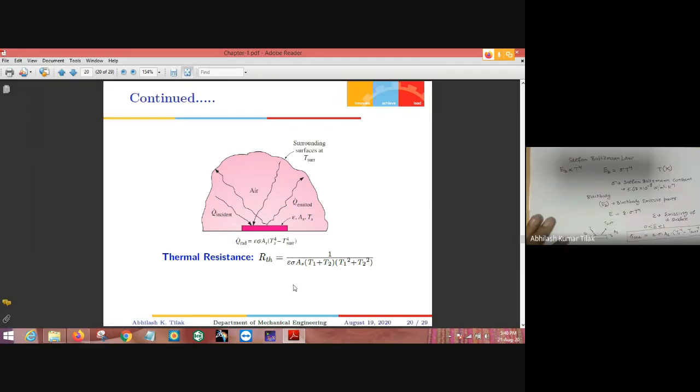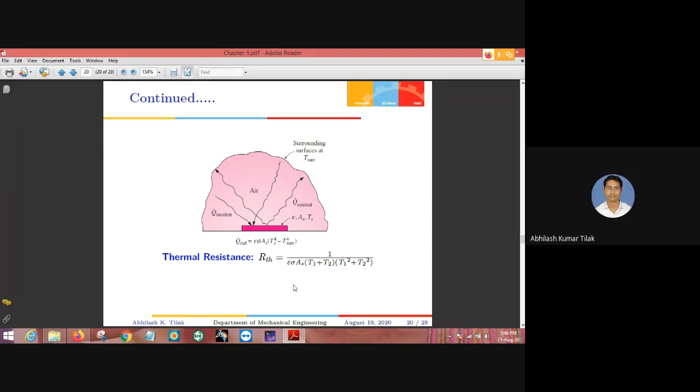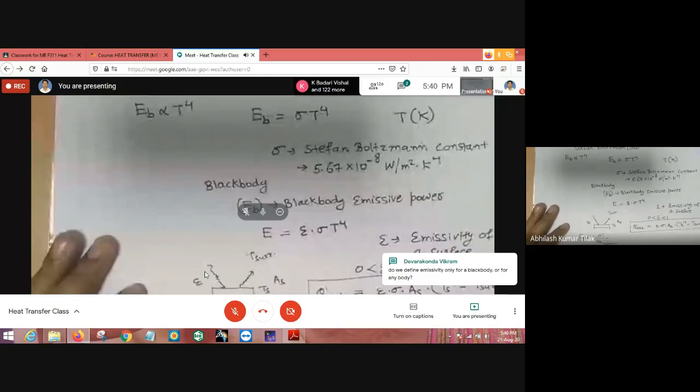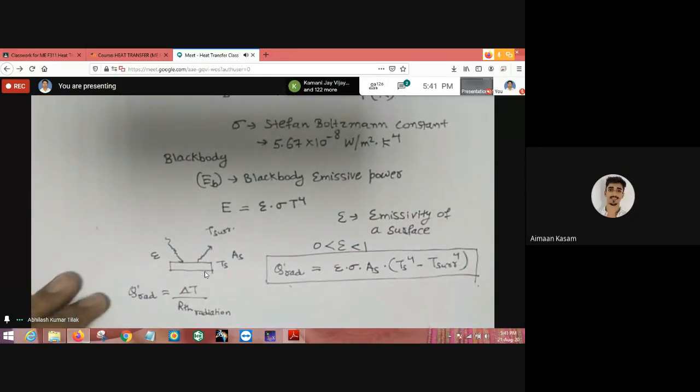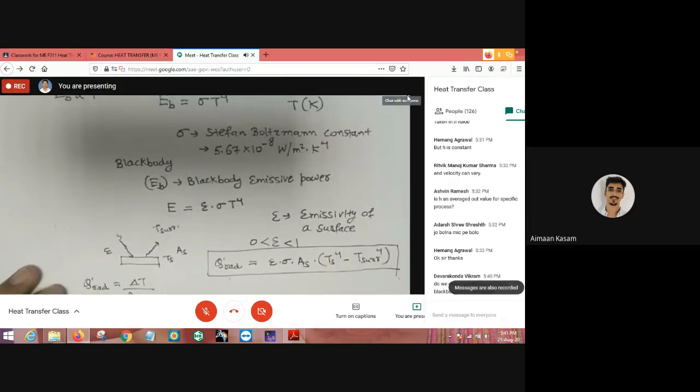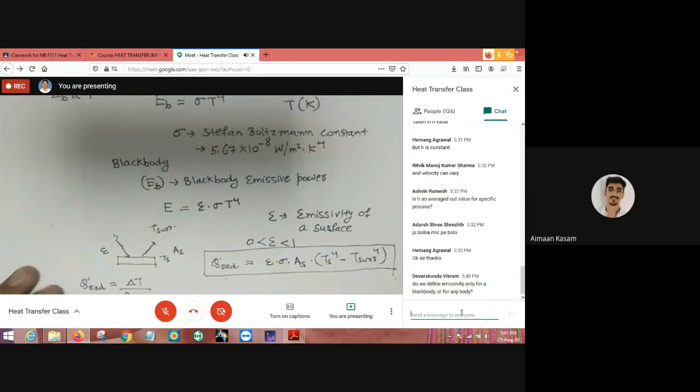Now, similarly, as we had in the case of convection and conduction, if you want to determine the thermal resistance for this, you can have Q radiation is equal to temperature difference by thermal resistance for the radiation. So the emissivity of the surrounding will be different from the surface, right? So you are asking, do we define emissivity only for a black body or for any body?